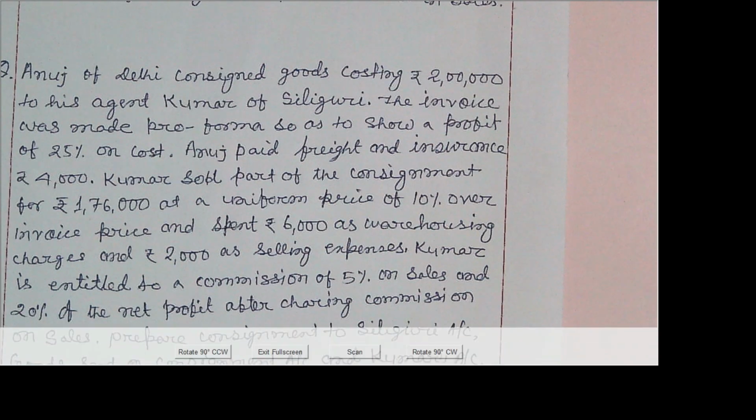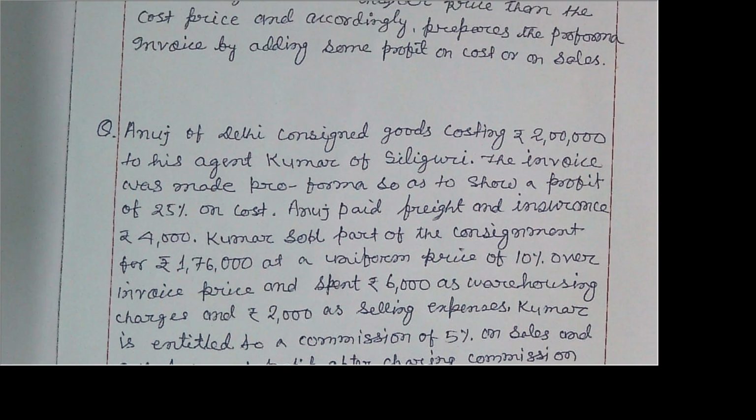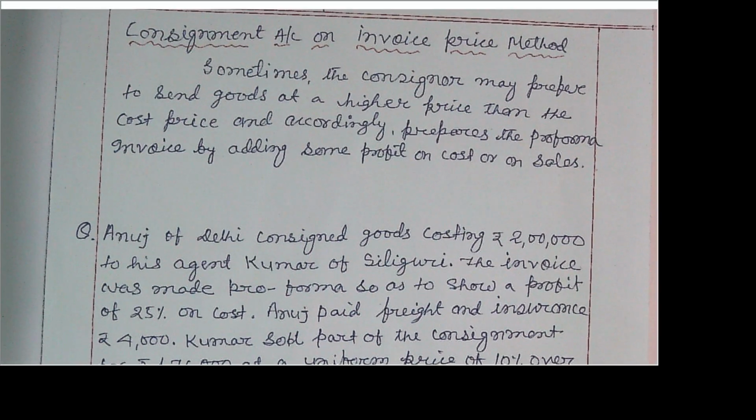Goods are sent by the consignor to the consignee. The consignor may prefer to send goods at a higher price than the cost price and accordingly prepares the pro forma invoice by adding some profit on cost or on sales.